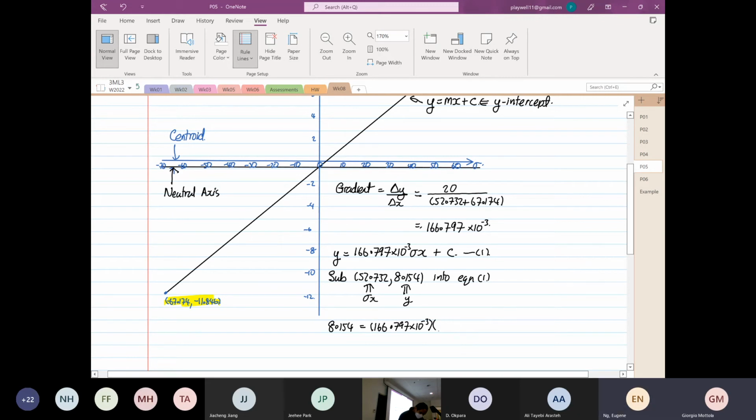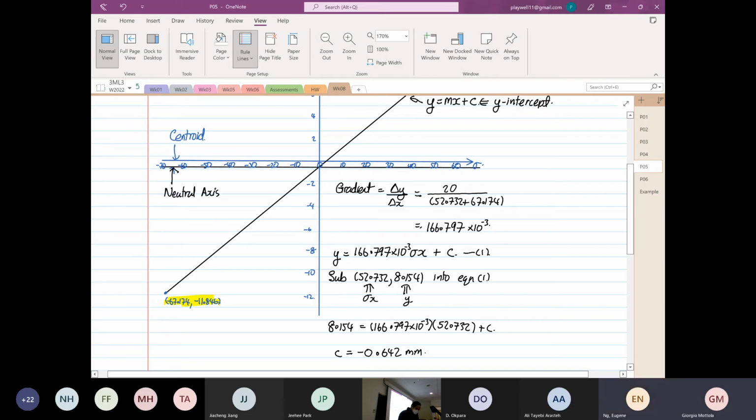My writing is getting worse. Then plus c. So c is equal to 8.154 minus 166.797 times 10 to the power minus 3 times 52.732, which is equal to minus 0.642 millimeters.